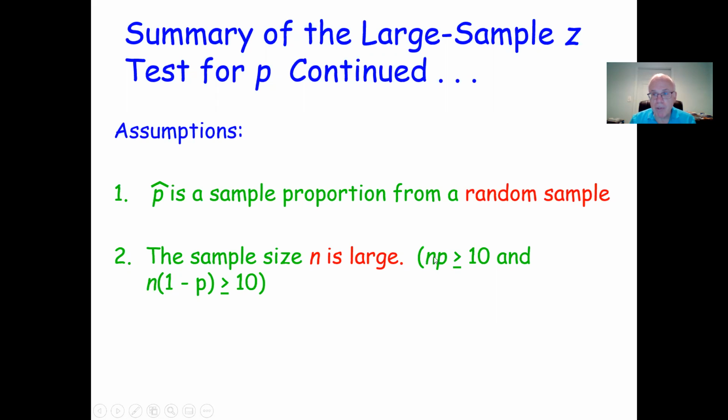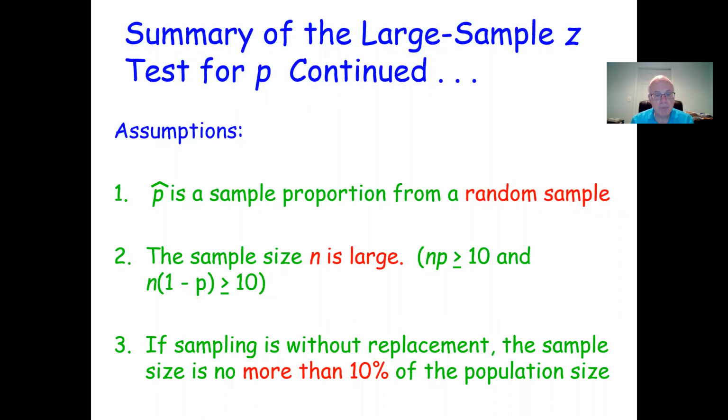Remember, this hypothesis test has to be determined up front, before we actually collect the data. So we don't even have the data yet when we do this. So our sample size times our hypothesized proportion has to be greater than or equal to 10, and so does n times 1 minus p. If this is true, then our sampling distribution of p hat is going to be approximately normal.